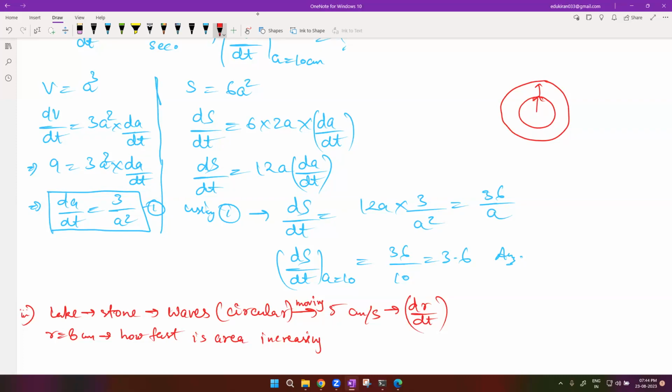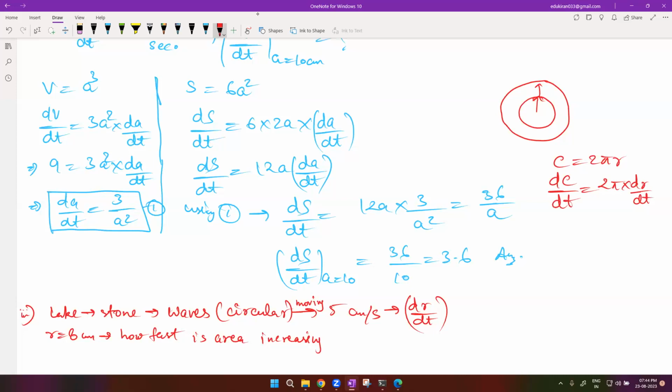The stone waves are moving with 5 centimeter per second, so this is dr by dt. Also notice that circumference of a circle is 2 pi r. So if you want to find the change with respect to circumference, dC by dt, that would be 2 pi, a constant, times dr by dt, right?